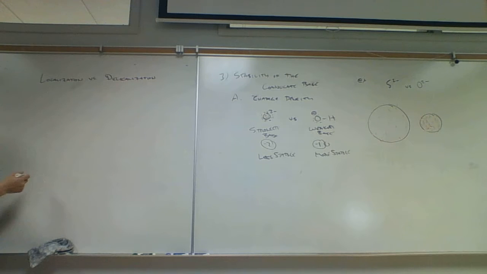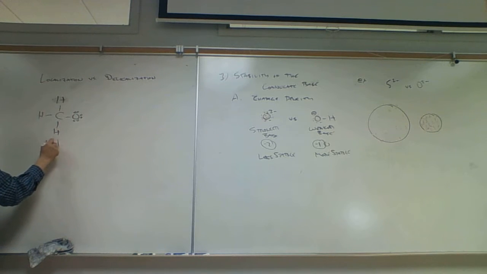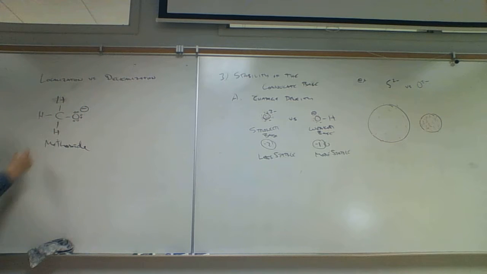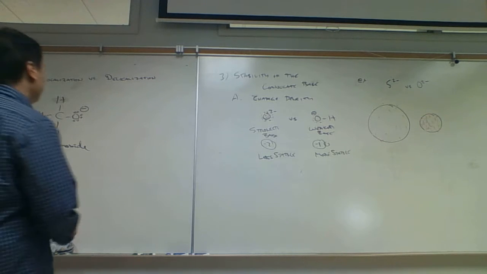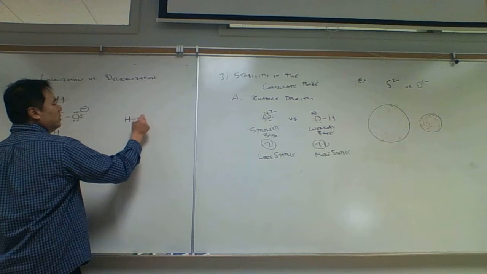There are different ways. For example, if we look at this ion, this is called methoxide ion. We have a negative charge on that oxygen, and that negative charge is going to make it quite reactive, just like a negative charge on formic acid will make it quite reactive.